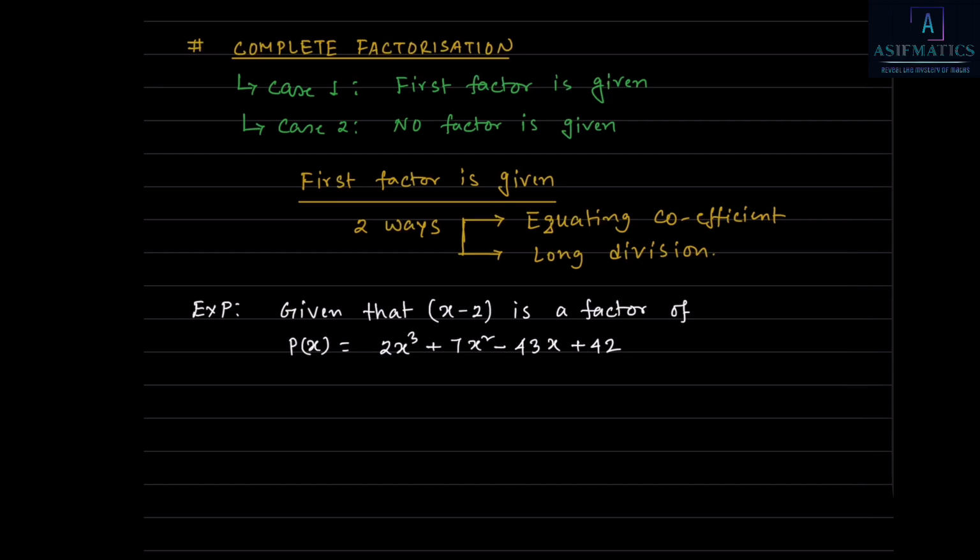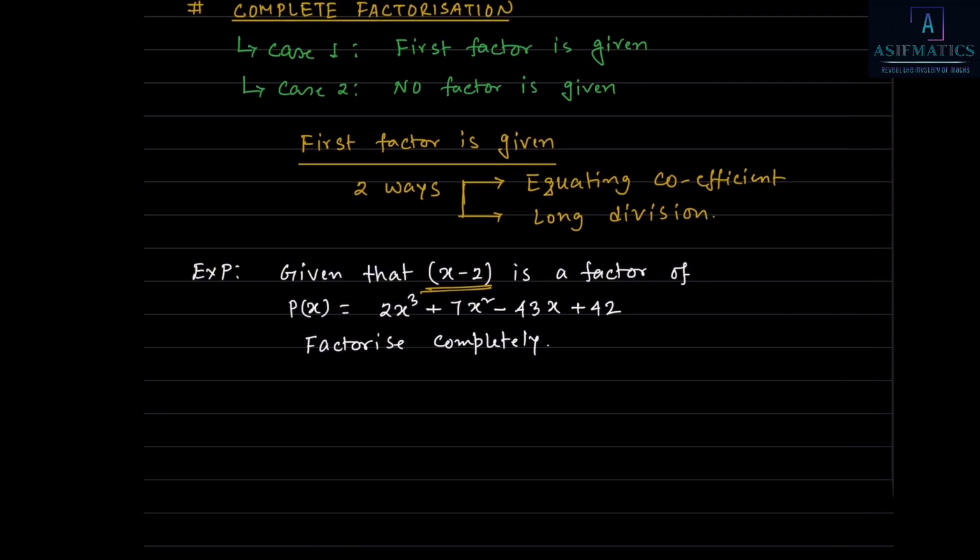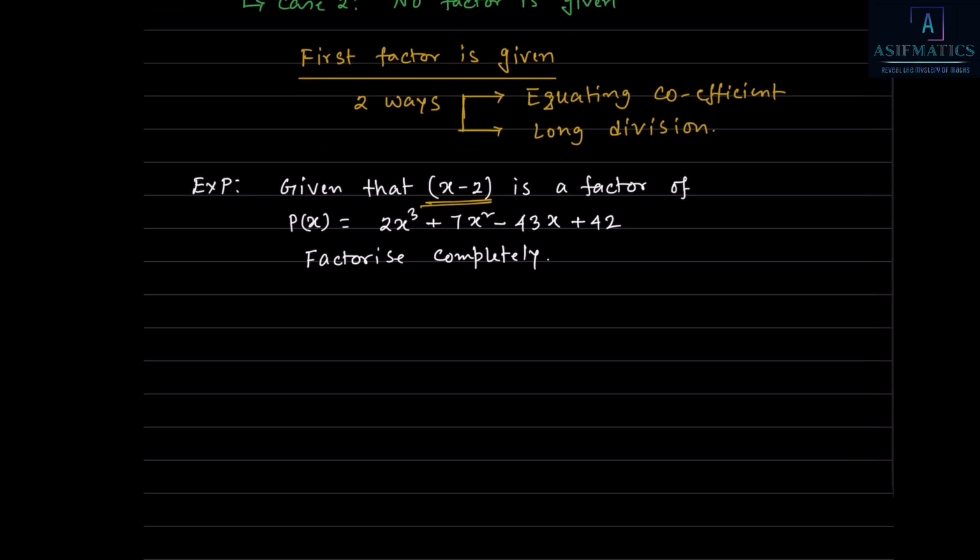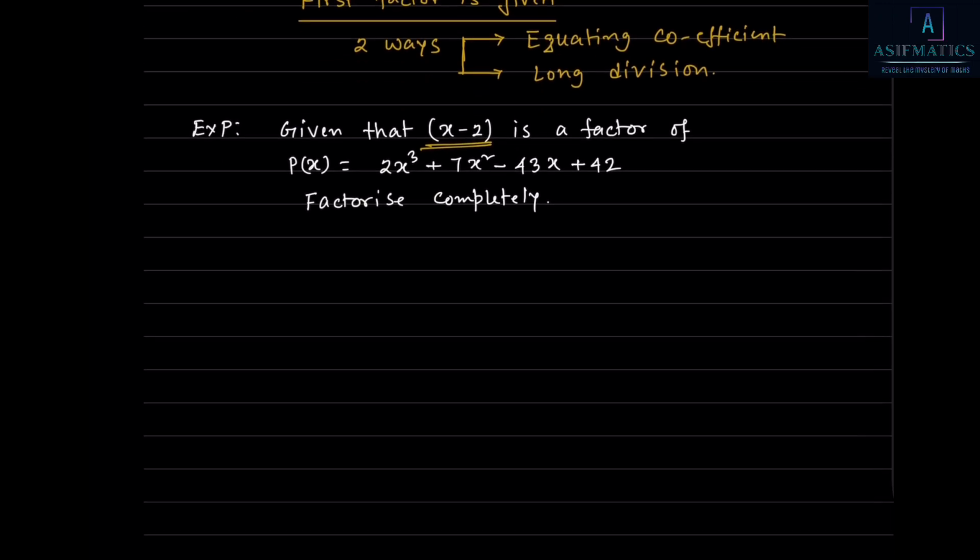The question says factorize completely. That means you already know one factor, which is x minus 2. We need to find the other factors because it's an x cube polynomial, so we must have another two factors.